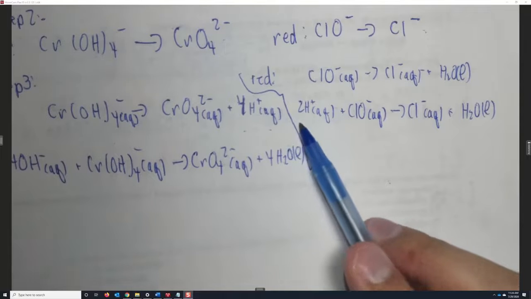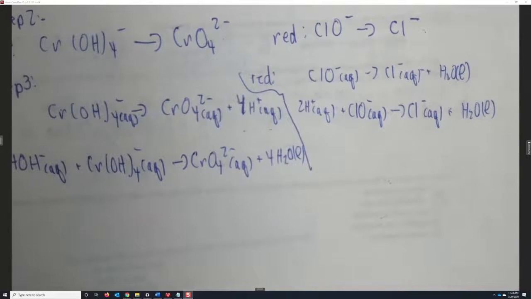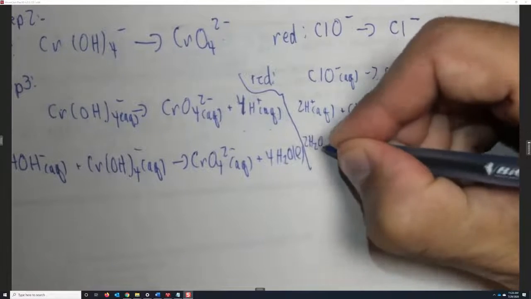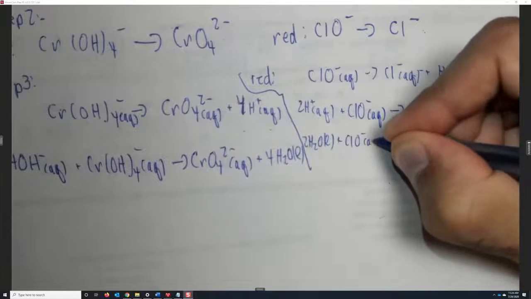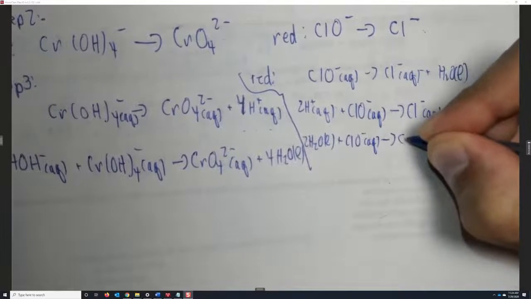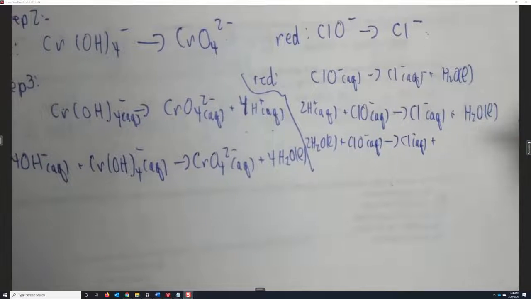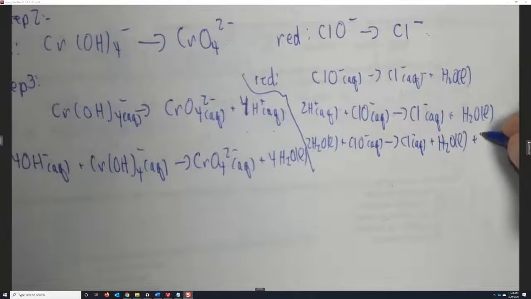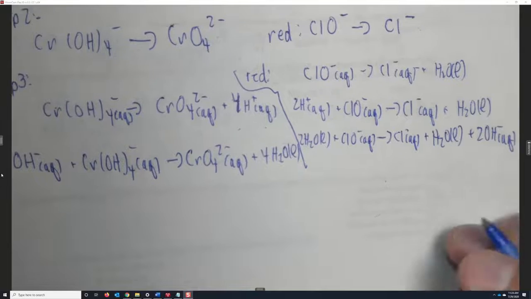If I add 2 OHs over here, that'll neutralize this and make water, but then I also have to add 2 OHs over here. So what I end up with is 2H2O liquid plus ClO minus aqueous yields Cl minus aqueous plus H2O liquid plus 2OH minus aqueous.